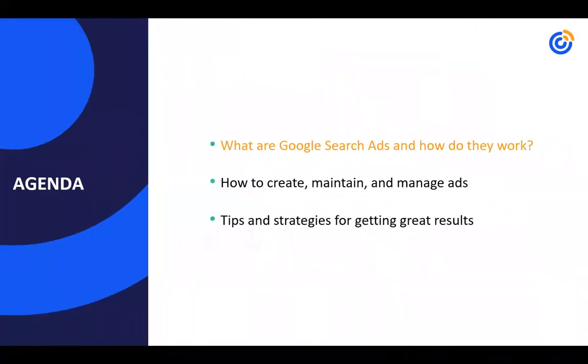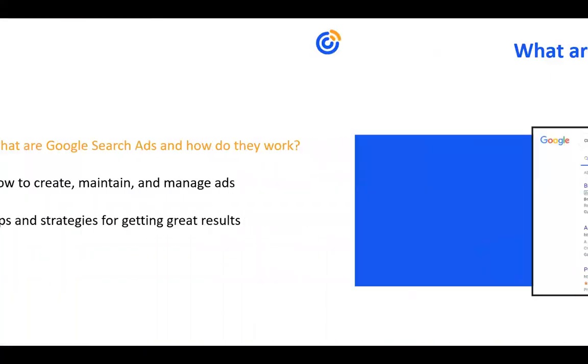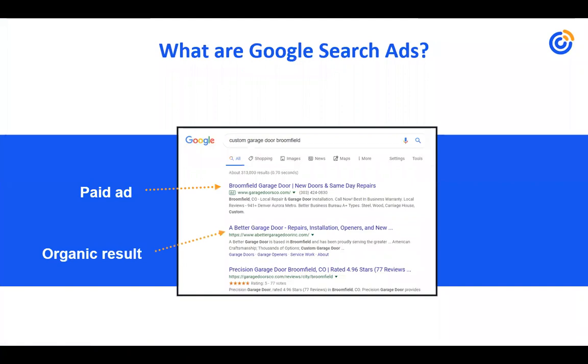All right, so let's talk about what Google search ads are and how they actually work. When someone performs an online search, Google looks at the term or phrase using their algorithms. It returns results that best match what the user was searching for, including the paid and organic search results.